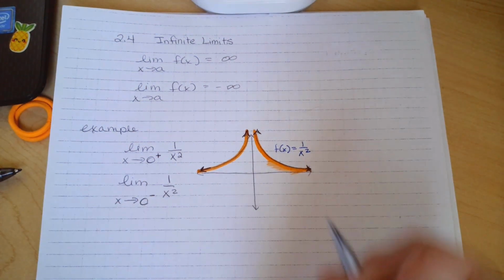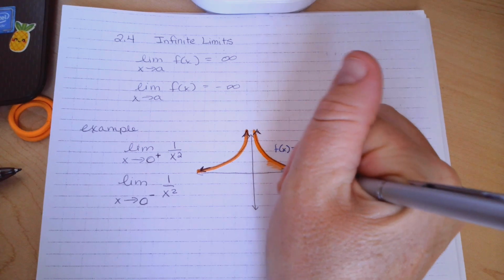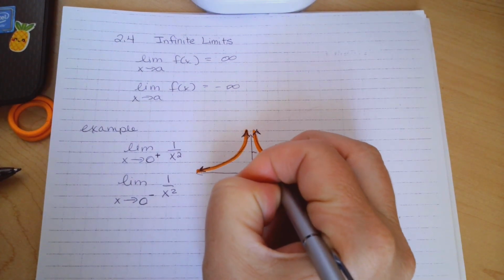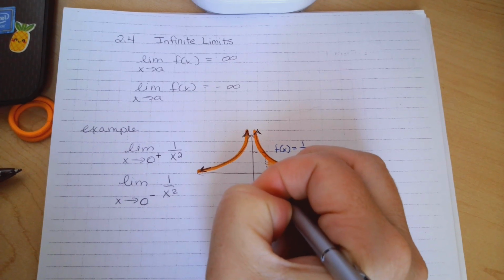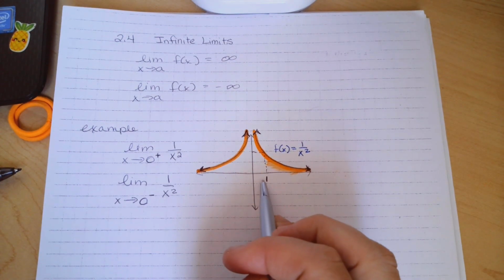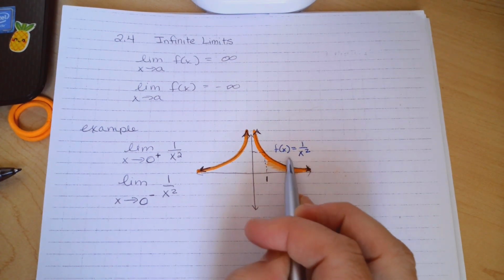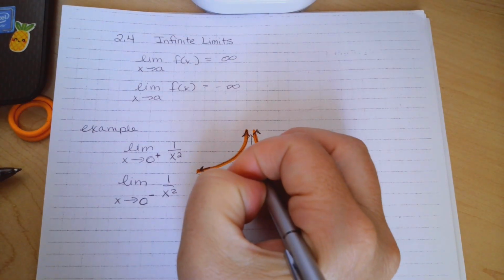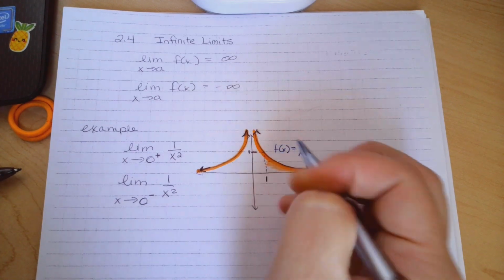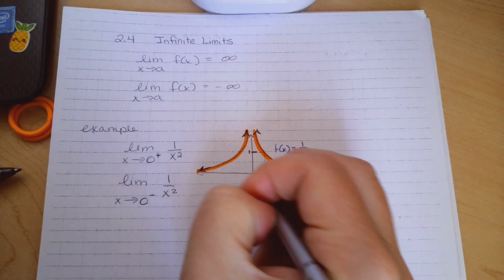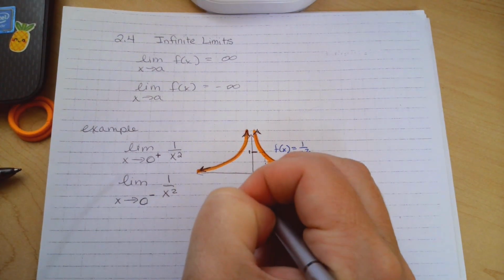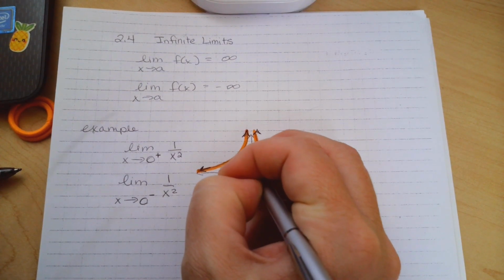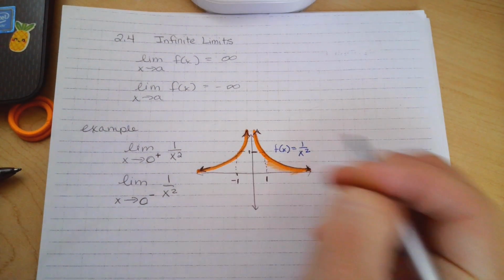Okay, and so what's going on here? Let's find a place on here just to label 1, right? So at x equals 1, we'll get an output of 1 over 1 squared. So this is the 1. And then on the other side up here, negative 1, 1.